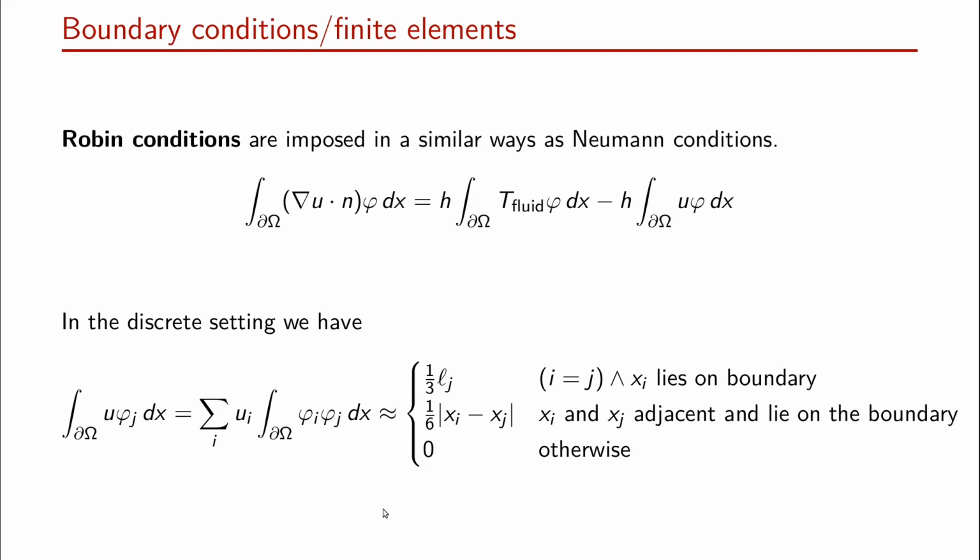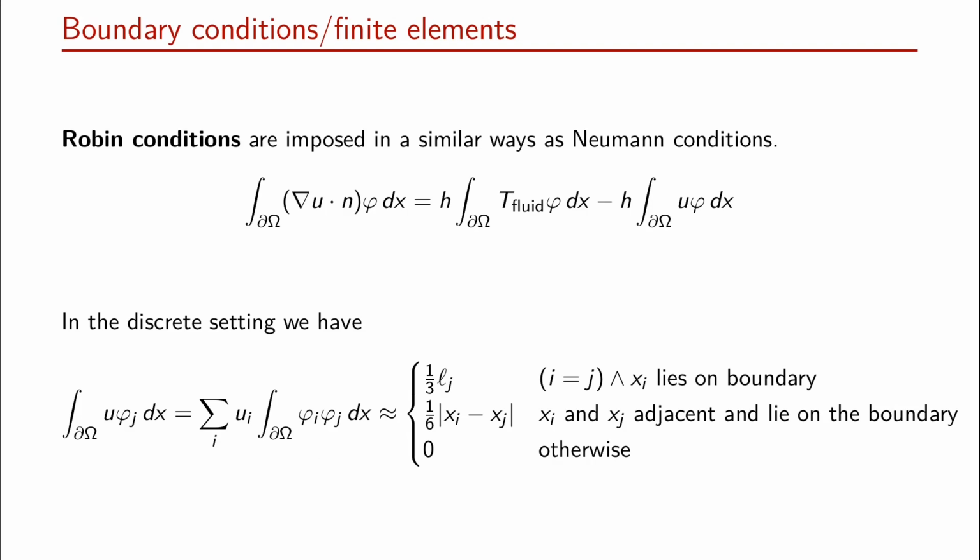Now, I actually was a little bit sloppy here, because what we have written down here is only the value of the integral. We still have the sum over ui before, right? Because we have the sum over ui times essentially this coefficient, we cannot put this on the right hand side.